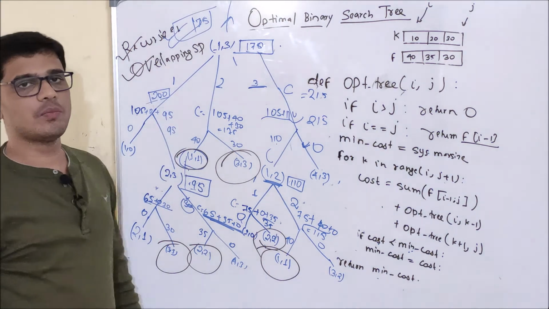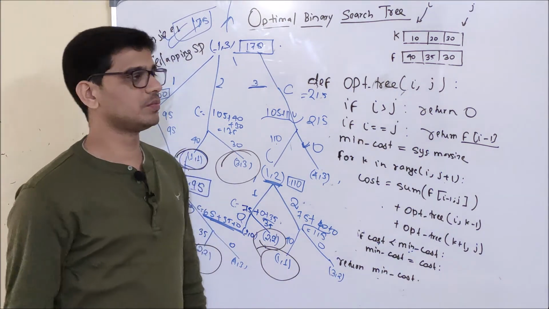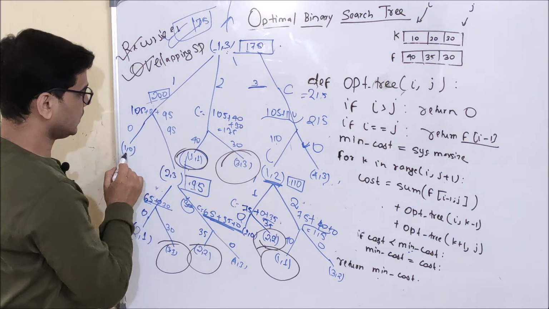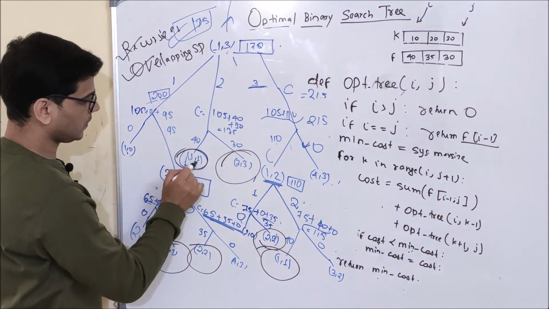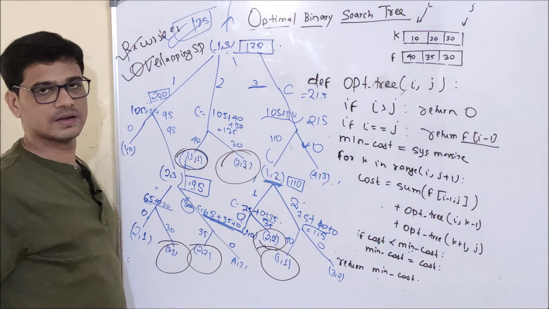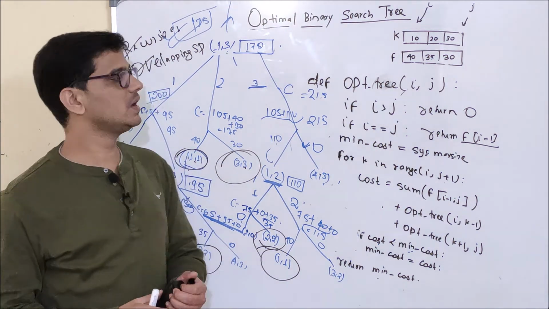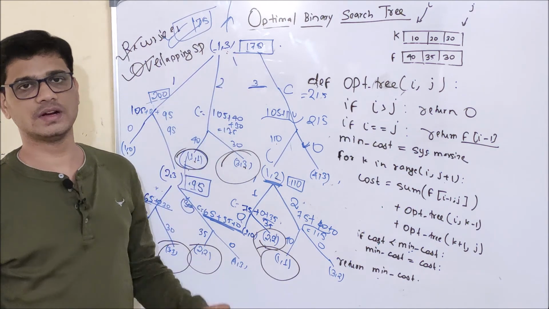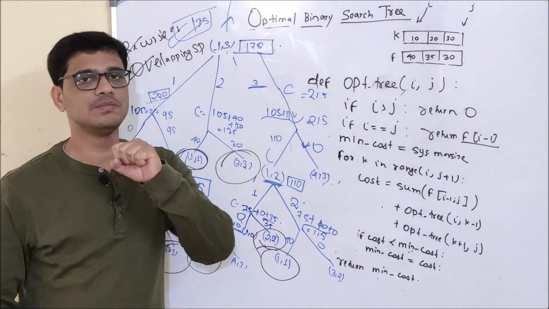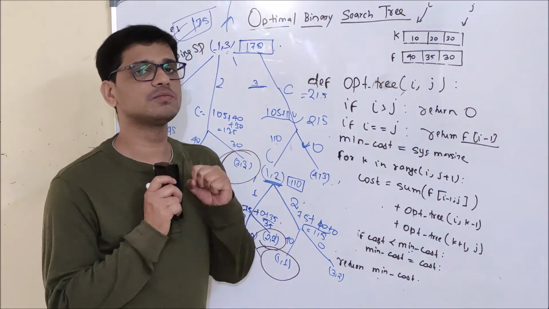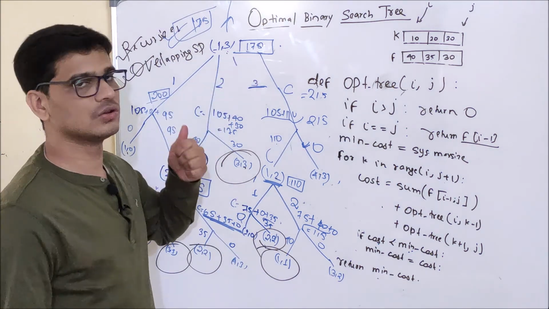Now see optimal substructure property. See, 1 3 is breaking itself into subproblems, and later on, with the help of these subproblems, it is coming to its answer. That is, a bigger problem is breaking itself into some smaller subproblems, and with the help of a smaller subproblem, it will come to its answer.